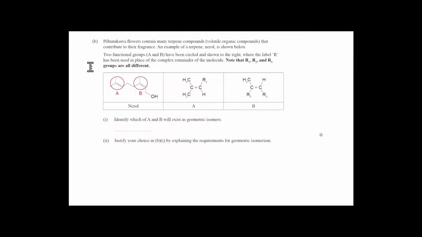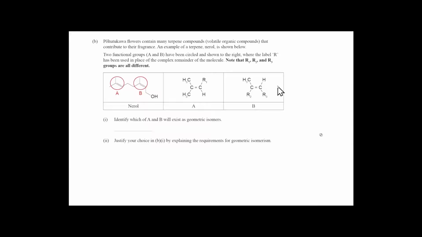R1, R2, R3, R groups are all different. So for this one, we are probably going to be looking at geometric isomers, whether they're cis or trans. So we're going to presume that R1, R2, and R3 are not H3C there, and that they're all different and they're not just hydrogen by themselves.